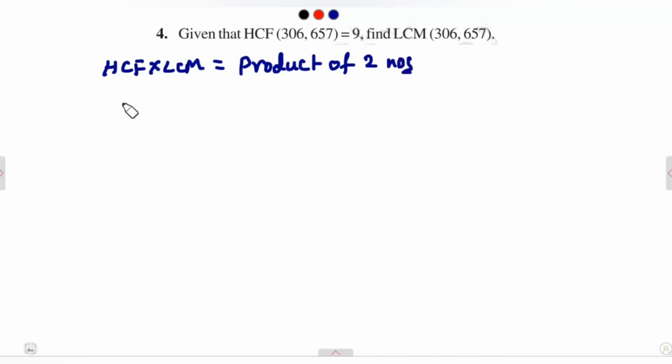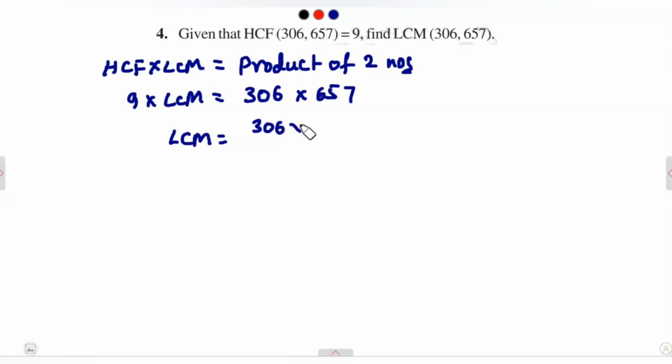We know HCF is 9. So 9 into LCM is equal to the product of the numbers, 306 into 657. Now we need to find LCM. LCM is equal to 306 into 657 by 9, sending 9 to the other side.